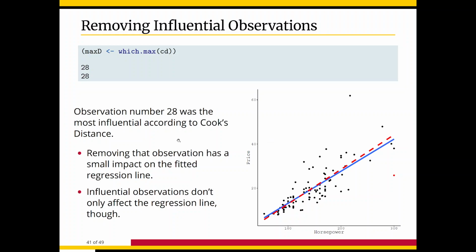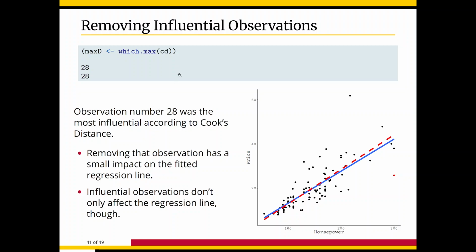Also, if you have a couple that are clearly influential, maybe two that are very clearly problematic, or if they have the same distance, you can exclude both. But you want to do this in very small pieces. Just exclude one or two cases, check and see how things changed, and then try again.